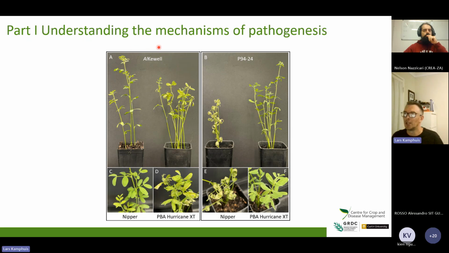The first one is an isolate called ALQ, and the other one is an isolate called P9424. What's interesting about these is that they have different responses, as you can see in these images, on different host genotypes of lentil. ALQ doesn't show any disease on Nipper, but is pathogenic on PBA Hurricane, and vice versa. P9424 is pathogenic on Nipper, but doesn't cause disease on Hurricane.